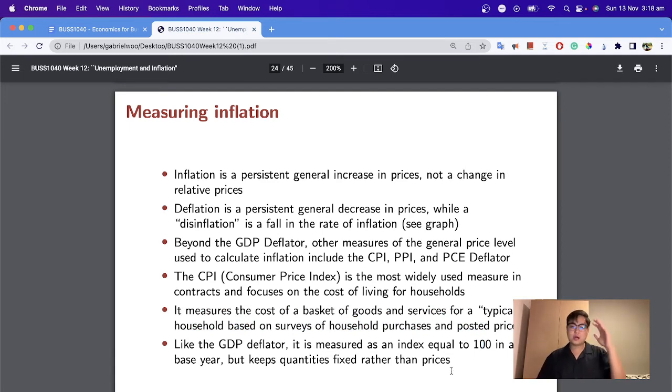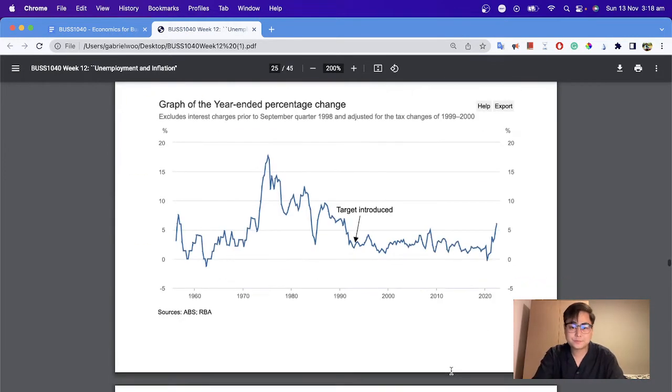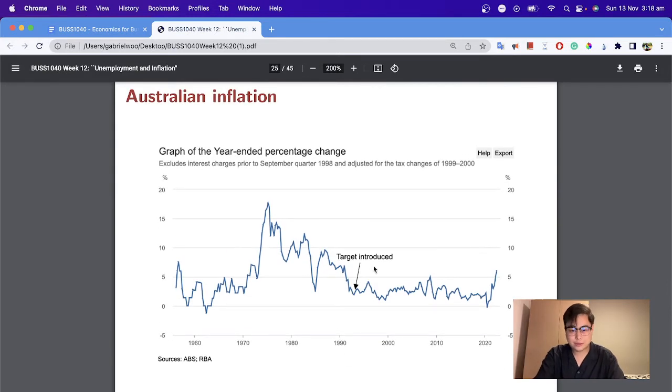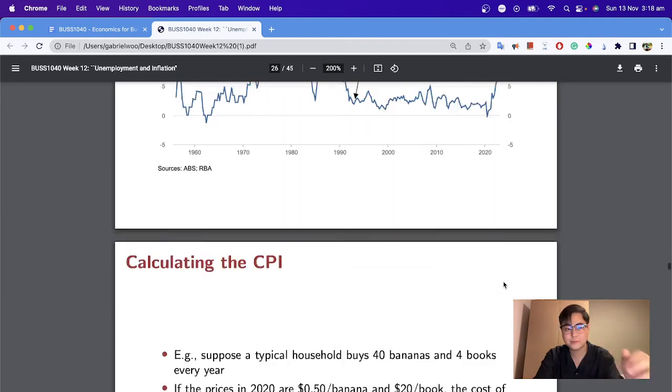So if we see 107, that means there is a 7% increase in CPI over the year. Here we can see Australian inflation over time. It fluctuates around 2.5. Australia targets around 2.5 to 3% inflation as ideal. Obviously, the current figure is a lot larger than the target, above 7% inflation here in Sydney.